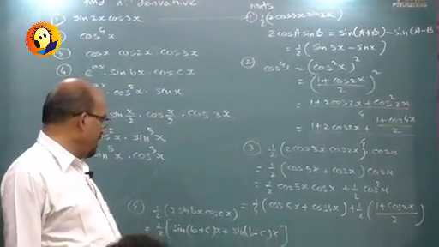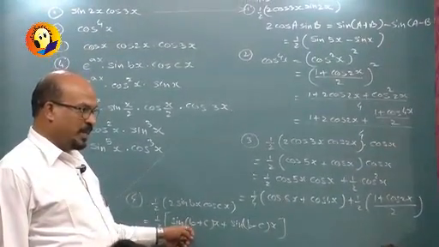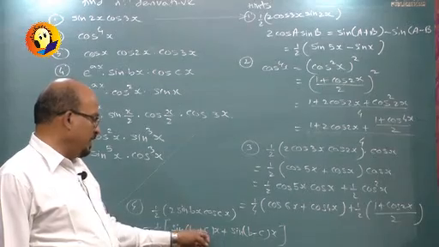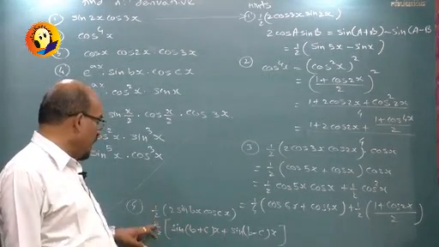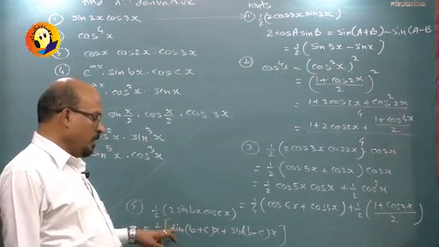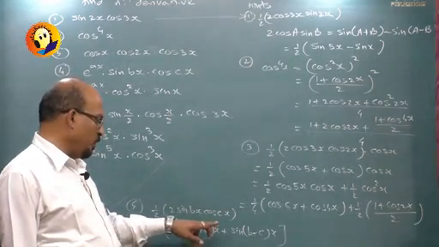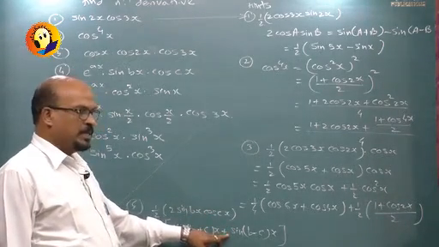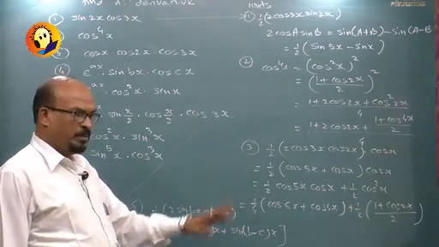This will be half (b plus c) raised to n sin of (b plus c) into x, sorry, one second. It is half (b plus c) raised to n sin of (b plus c) into x plus n pi by 2 plus half (b minus c) raised to n into sin of (b minus c) into x plus n pi by 2.